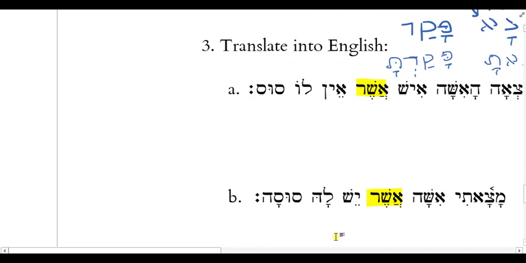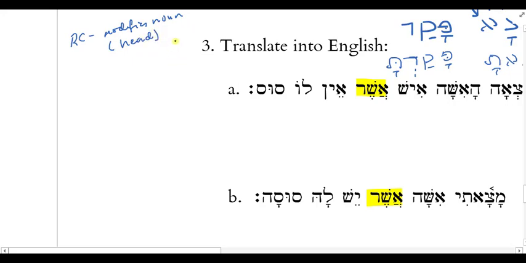They modify nouns, okay? So relative clauses modify nouns. So they function like adjectives, don't they? So RC for relative clause modifies a noun. The noun that's being modified by a relative clause is called the head, okay?